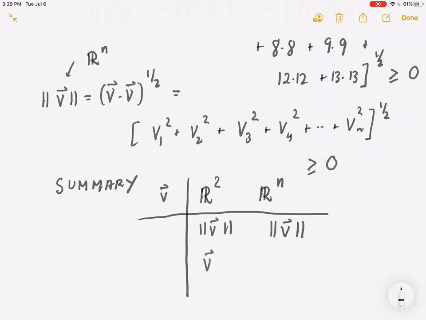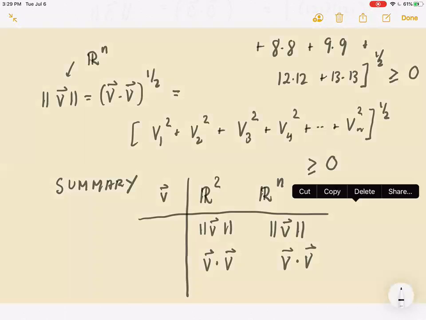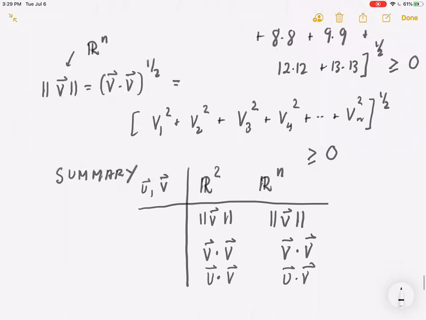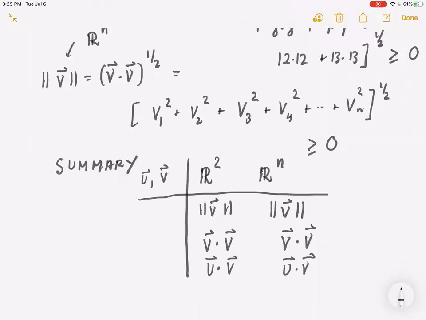I can certainly take the dot product of 2 vectors, regardless of whether or not they are in 2 dimensions or 3 dimensions. In one case, they could both be in 2 dimensions. In the other case, they could both be in n dimensions. And there's no limitation. There's nothing wrong with those operations at all.